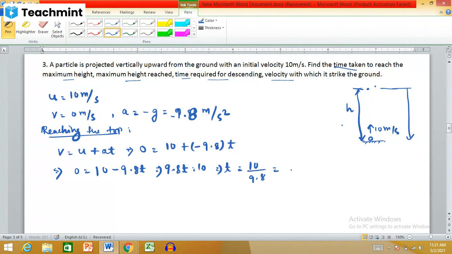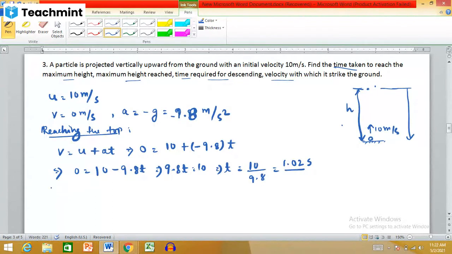You can easily calculate this. On calculation, you will get approximately 1.02 seconds. That means the time required to reach the top is 1.02 seconds.